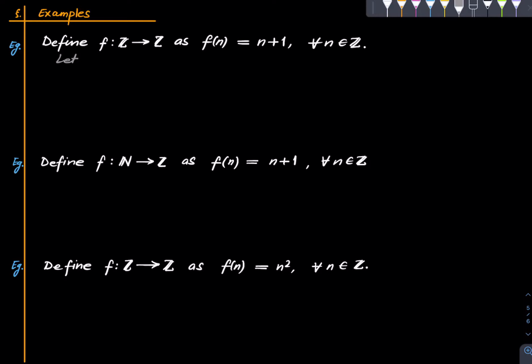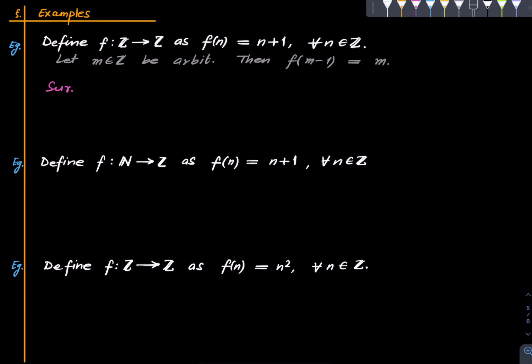So let m in Z be arbitrary, then f of m minus 1 equals m, and this is it. That's the proof. So you pick an arbitrary point in the target and you show that there is something in the domain which maps to it, and that's it. That proves surjectivity. All right, so this is surjective.